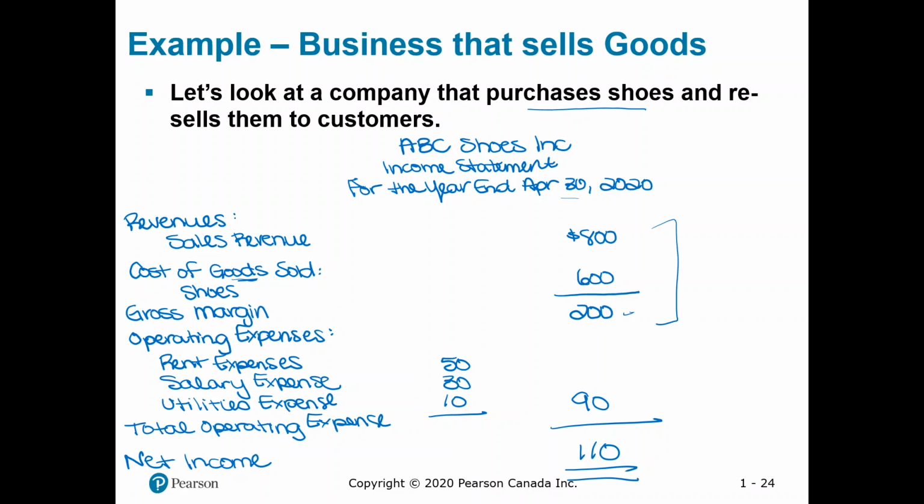And as I said, it's just extra information for the users. Because when we started the slide or these videos, that's what I told you, there's so many users who are looking at these statements to make decisions and to get information. So having this gross margin broken out just lays out right here extra information for the users.